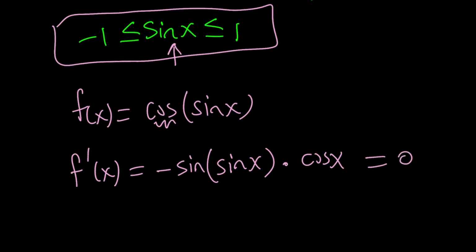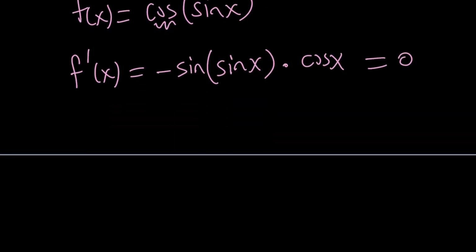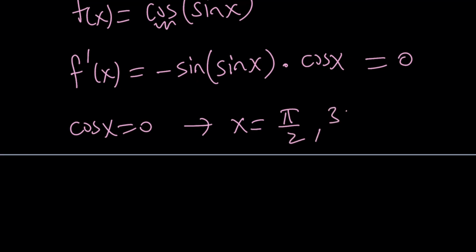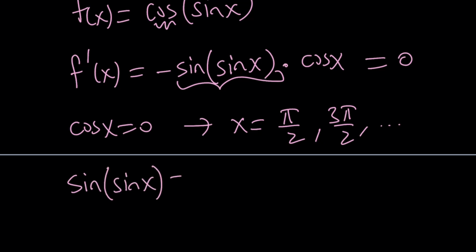You know, we set it equal to 0 and find the critical points. Now, if cosine x is 0, then we're talking about values like x equals pi over 2, 3 pi over 2, and just keep adding multiples of 2 pi to it, right? What happens in the first factor? What if sine of sine x is equal to 0? Then this basically indicates sine x is equal to 0, right?